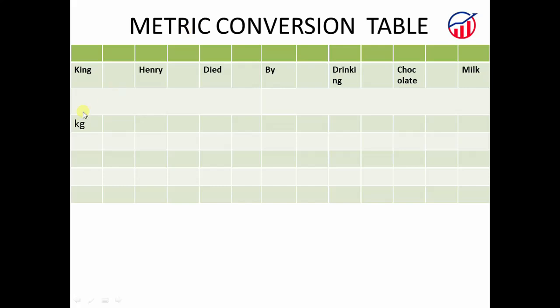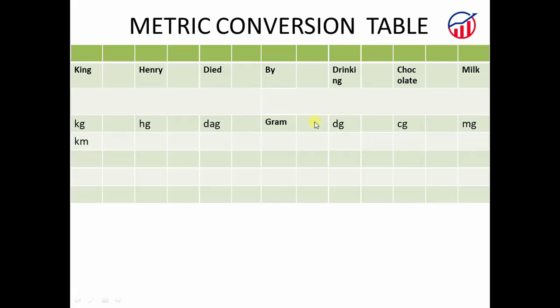So in terms of weight, how you're going to write the table: K for kilo, so kilogram, hectogram, then you have decagram, you have gram which is the base, then you have decigram, centigram, and milligram. So this is as far as the solids, the measurements.